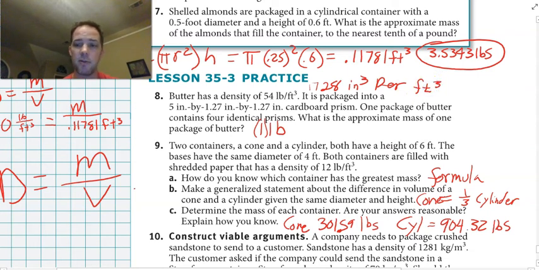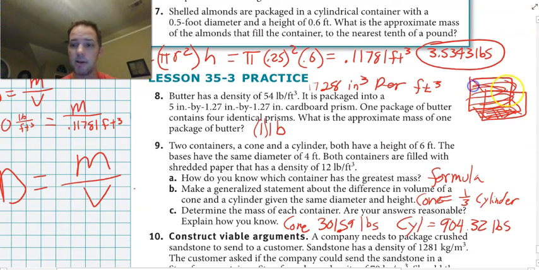Which makes sense. If you have 1 big cubic foot, there's going to be a lot of inches in there. So that's 12 by 12, that's already 144. And then do that again, you get a bunch of layers of 144. So it ends up stacking up really quick there.